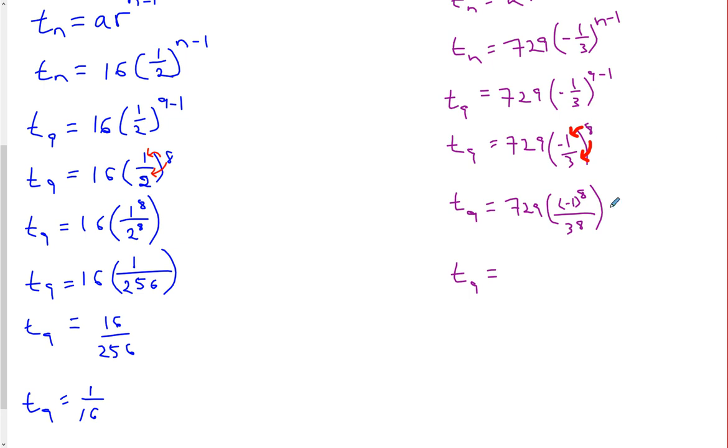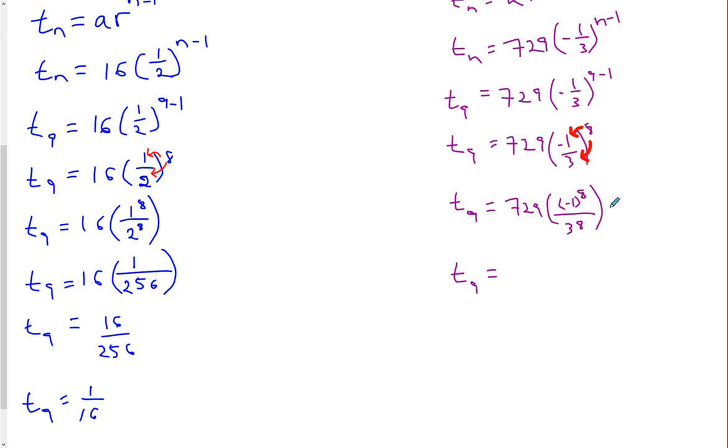Okay, negative 1 to the 8. Now, I know 1 to any power just means 1 times 1 times 1 times 1 times 1. It's just going to be 1. But because it's a negative, it's a little more complicated. So I know that a negative times a negative gives you a positive. And I've got 8 negative 1s. So that means anytime I've got an exponent that's an even number, all of those negatives are going to cancel out.